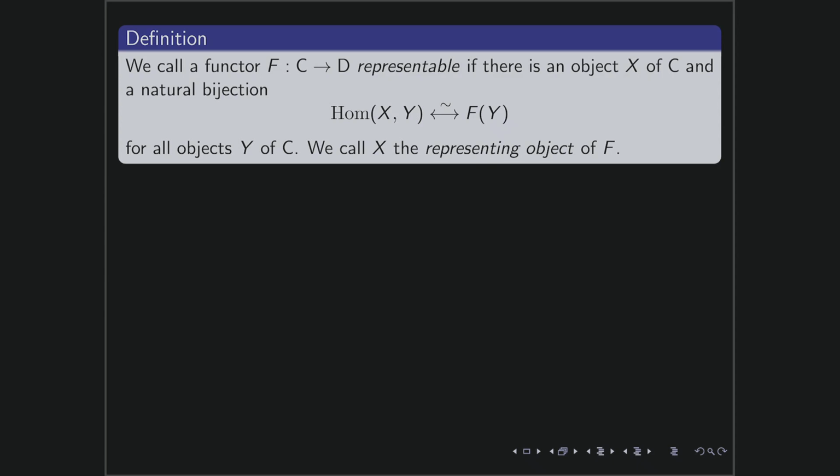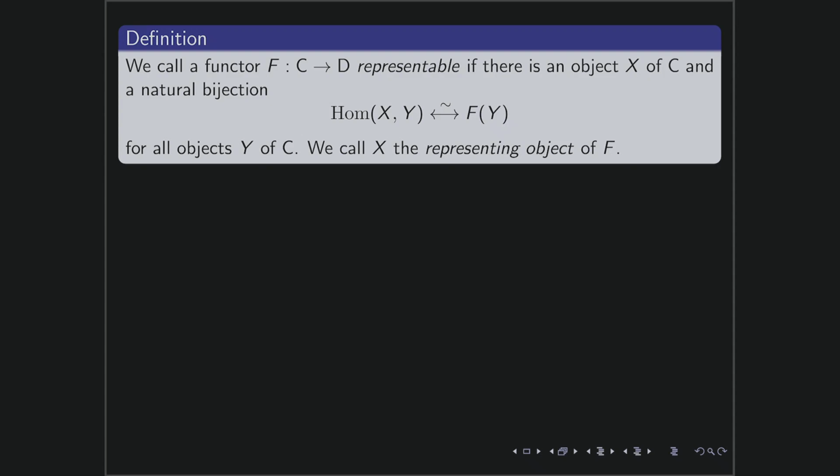And what I'm claiming now is that I can explicitly give an isomorphism the following way. For any ring R, we have an isomorphism from Hom(A, R) to GL2(R), which I can give explicitly in this direction.